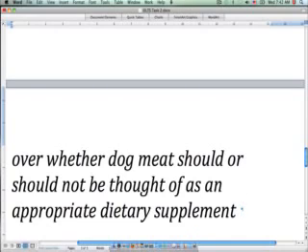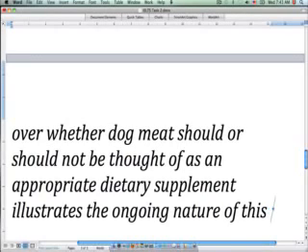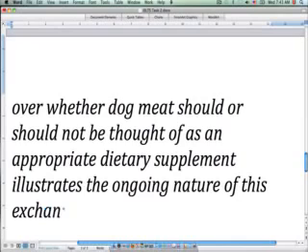Now, maybe we want to say that this is sort of not a new argument between peoples, or not a new discussion between people, but perhaps something that's been going on for a while. So maybe illustrates the ongoing nature of this, I guess we'll call it an exchange.